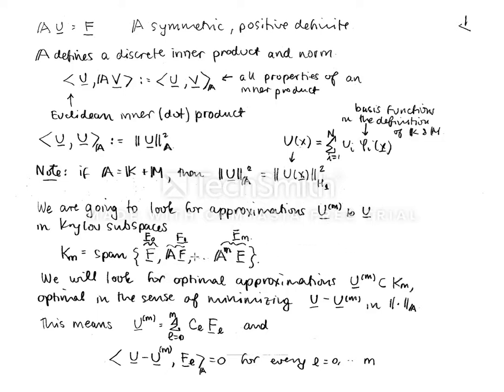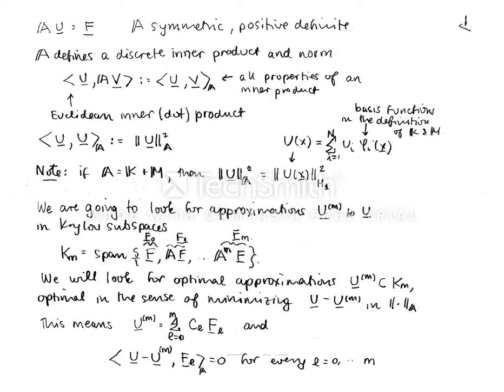Now, there's a couple of things that can happen. Either I just keep going, and eventually I'm going to get to K_n. If that is n-dimensional, then I know that my solution lies in there, and then this will not be an approximation. It'll be the exact solution.